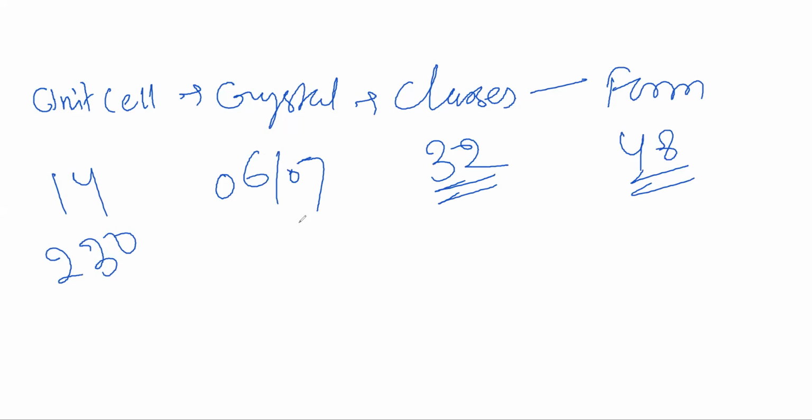So now we'll be seeing the stereographic projection, which is very important. But before this, if you look back, you will see that out of the 6 or 7 crystal systems, they all have 3 crystallographic axes.